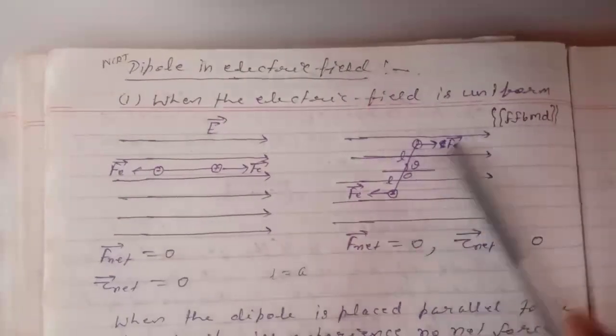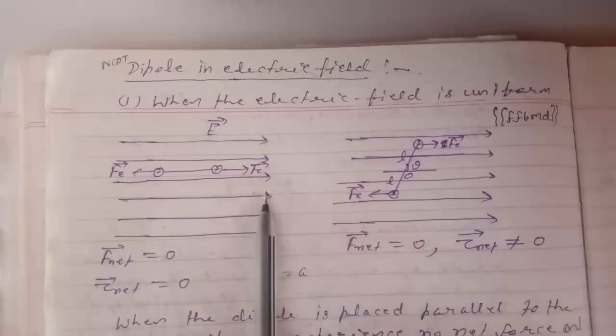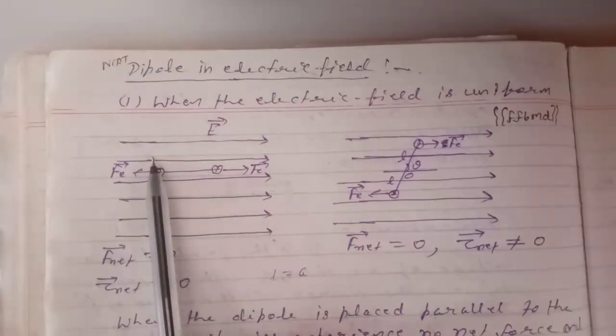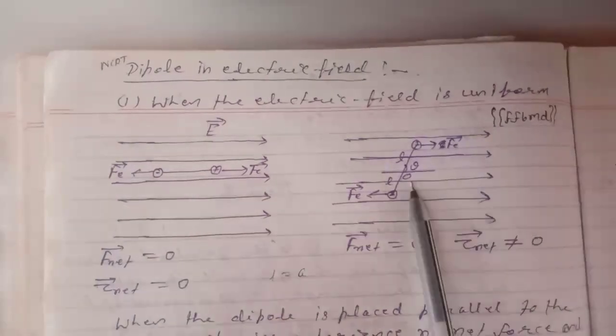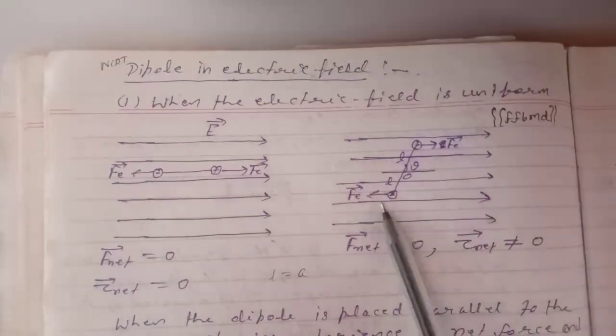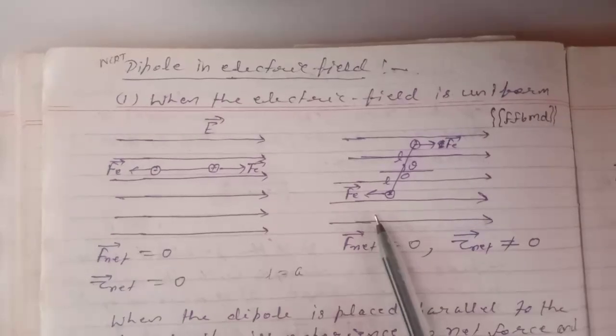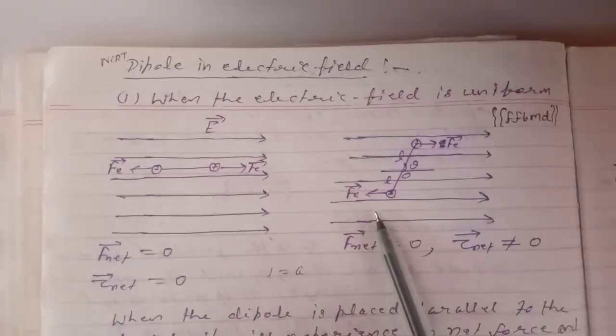Again, if the dipole is not along the field lines, that is, it is displaced at an angle theta with the field lines, then what happens? We have to see this condition.